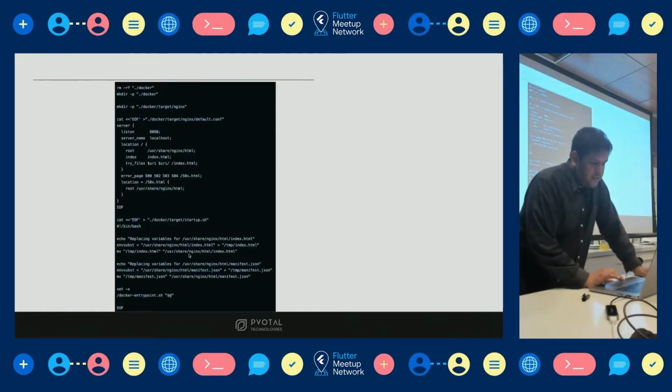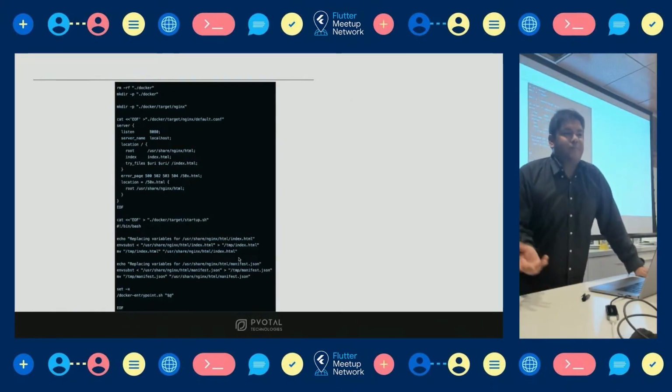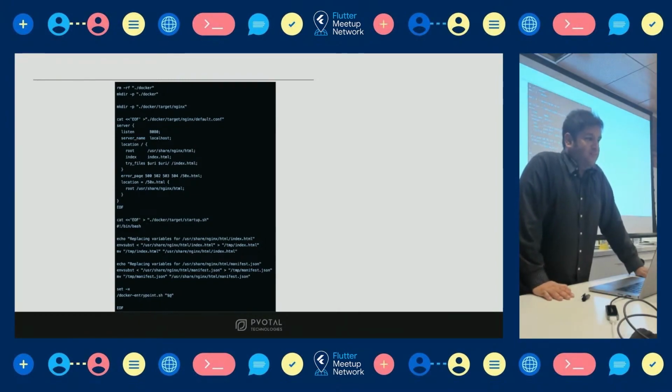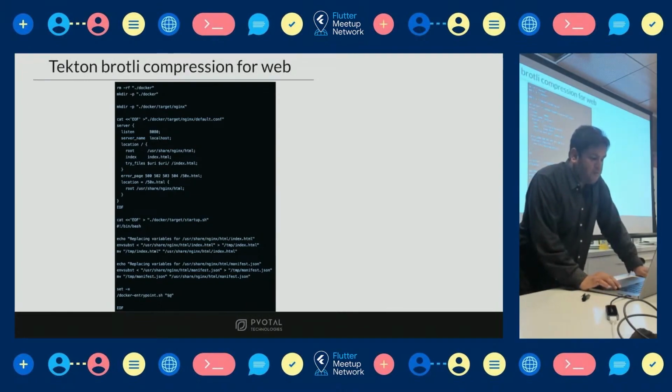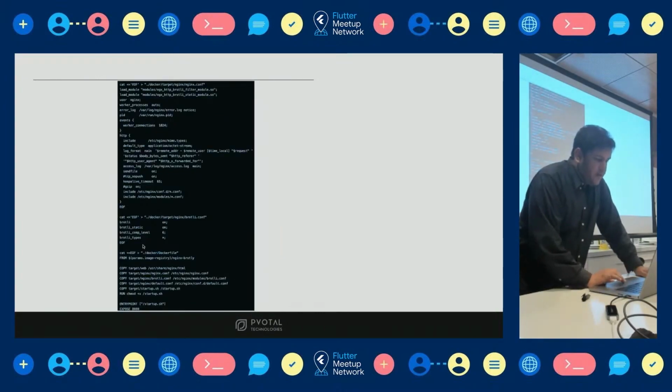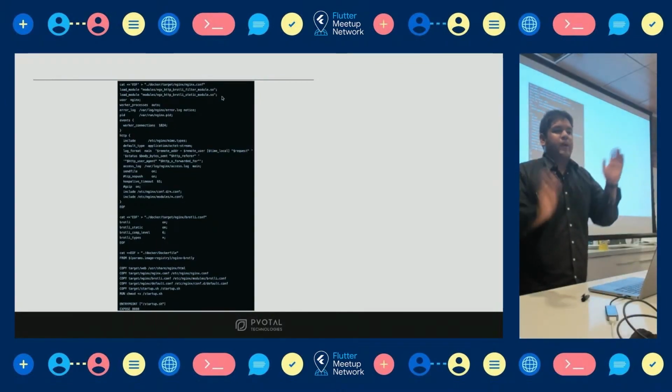So here, basically, it's for people that want to replicate the Brotli config, but I'm going to pass through it because it's only valuable if you want to replicate what we did. So broadly, that's at the Tekton level, when we're packaging the Docker images. The rest of the config is just enabling modules so that Nginx serves it automatically for you.